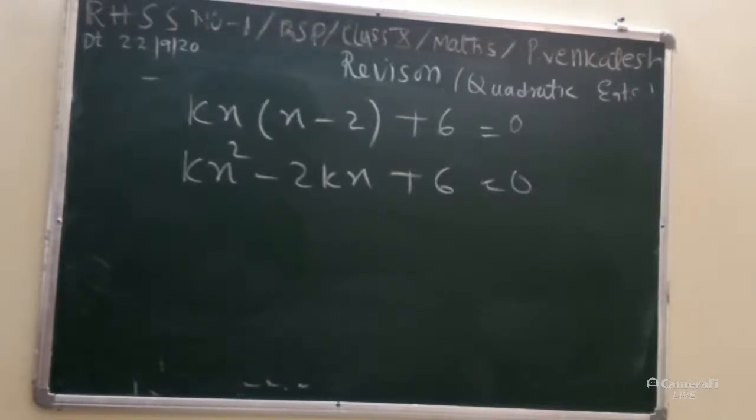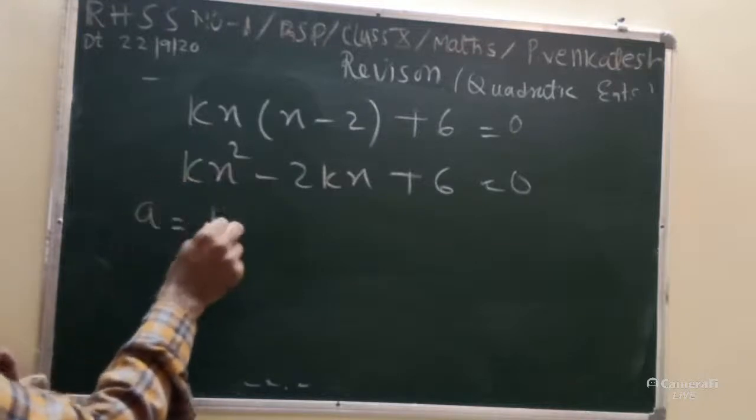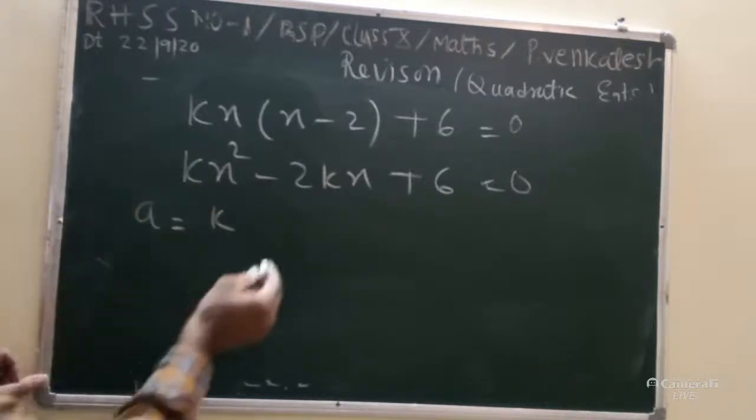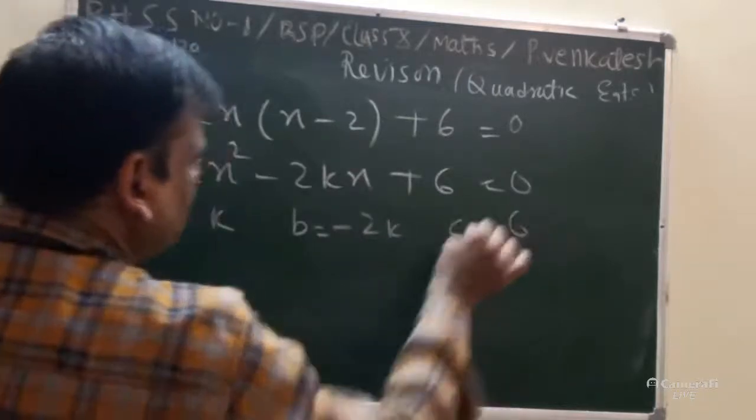I think most of the students got it. See, kx square minus 2kx plus 6 equal to 0. Now, first of all, write the value of a. a equal to how much you will get? Coefficient of x square is k. b equal to minus 2k and c equal to 6.